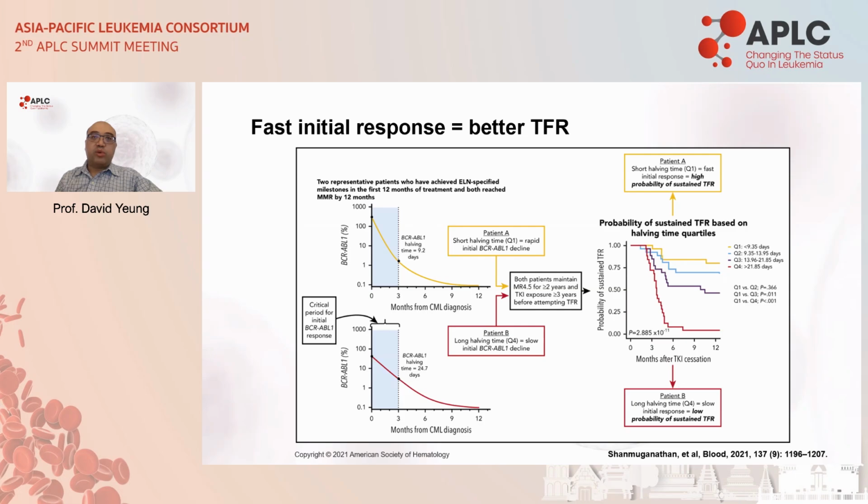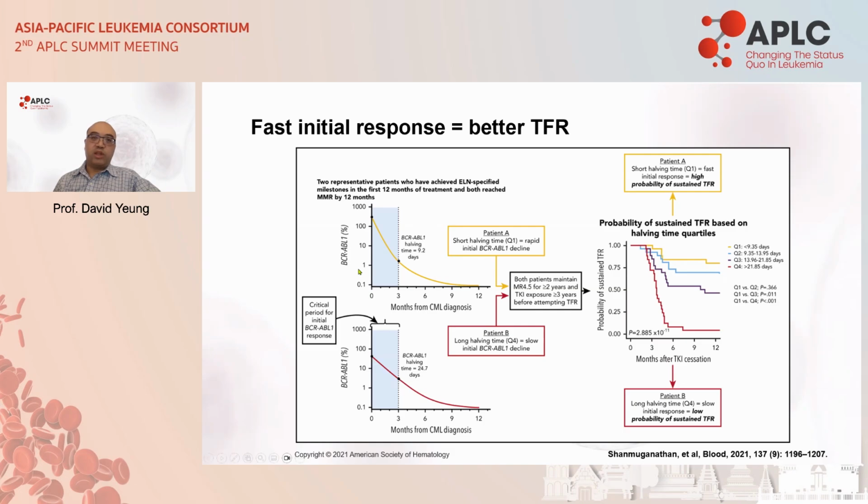What she saw was that patients with what we call a BCR-ABL halving time that is rapid tend to have an improvement in the success rate of TFR. The BCR-ABL halving time is calculated when the patient initially starts therapy, and it is defined as the slope, or the number of days that the BCR-ABL takes to reduce by 50%.